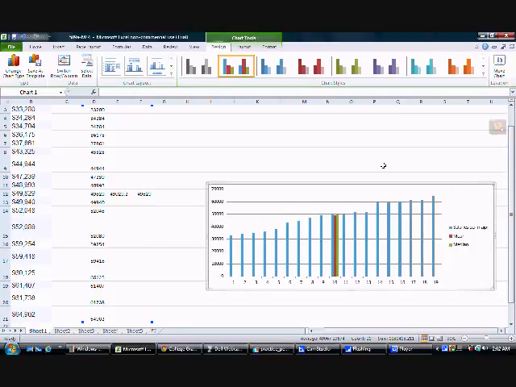And here you go, you can see how the mean and the median can be related.